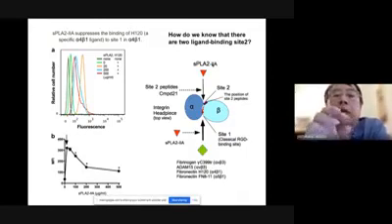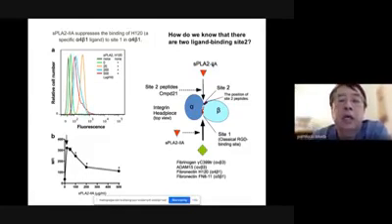So the question is, hey, what I'm saying is that there are two binding sites, cyto1 and cyto2, right? If there are two binding sites, and PLA2, for example, binds to both cyto1 and cyto2, then they should compete with each other. What is the evidence that there are two binding sites? Very simply, we tested this hypothesis.